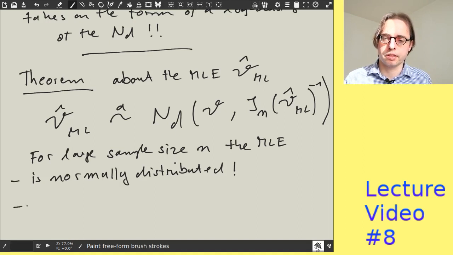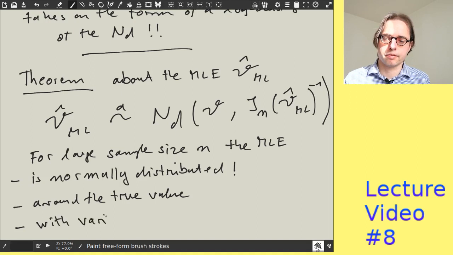So it's normally distributed around the mean, with the mean corresponding to the true value of the parameter, and with variance following the inverse observed information.